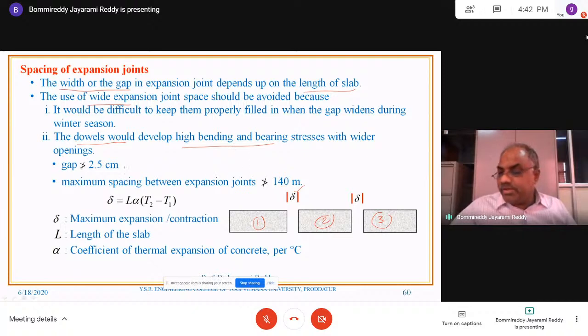And normally the gap should not be more than 2.5 centimeters, or normally not more than 2.4 centimeters. And already you have studied delta equals L into alpha into T: length of the panel, alpha multiplied by the difference of the temperature. Whatever the formula that you have seen earlier, the same thing.